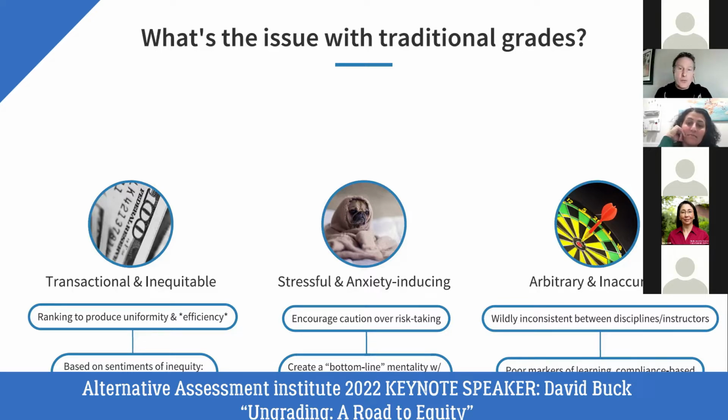And of course, they're poor markers of learning in the sense that they are control-based. They produce compliance: follow these rules, and this is the reward that you get. And then we have this problem of rewards and punishments instead of joy and inclusivity and compassion when we're learning.